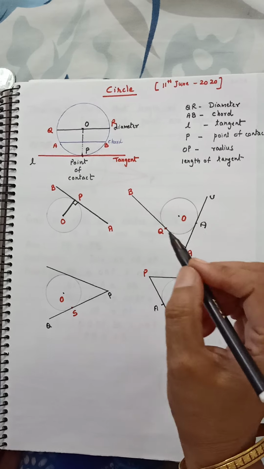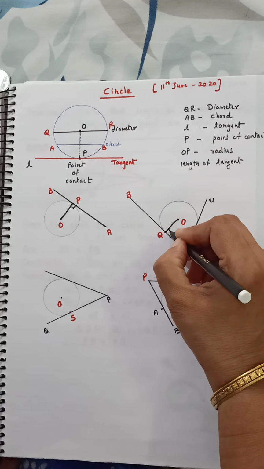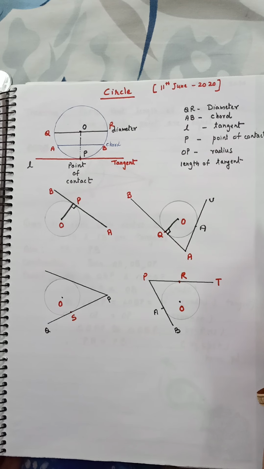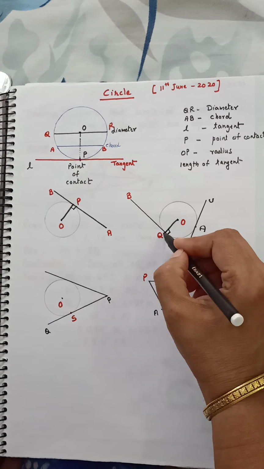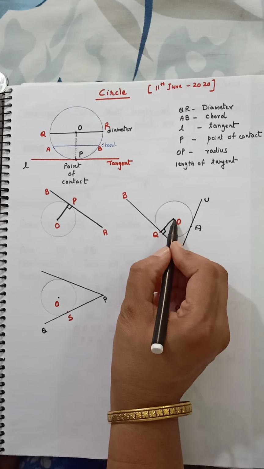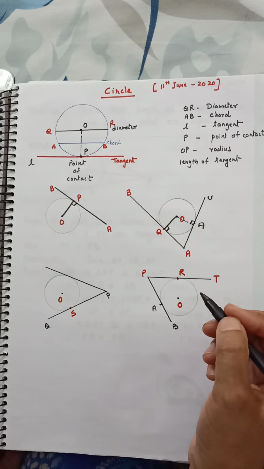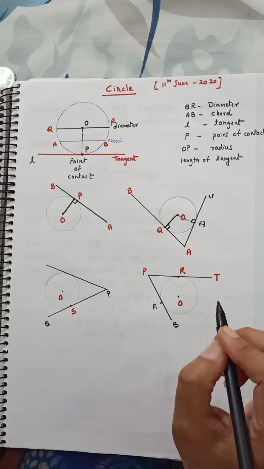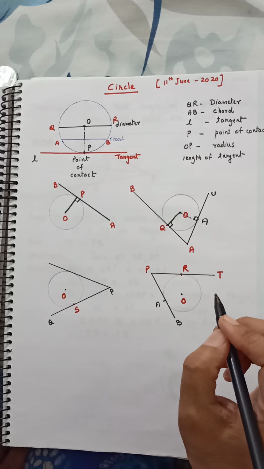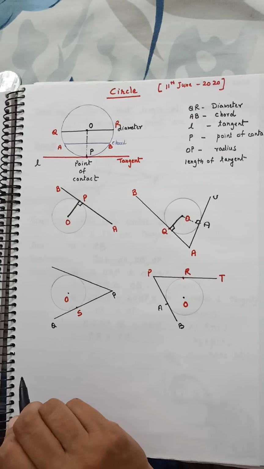Well, now if I join OQ, this angle Q will be 90 degrees, and the reason will be radius is perpendicular to the tangent. Similarly, if I join OD, this is point D. So angle D will also be 90 degrees. Why 90 degrees? Reason will be radius is perpendicular to the tangent. Radius जो है वो tangent पर हमेशा perpendicular होती है.